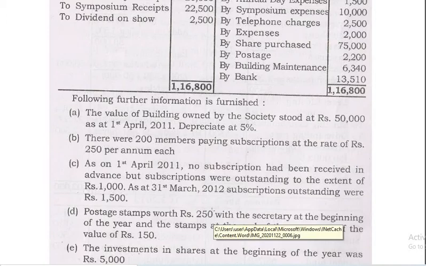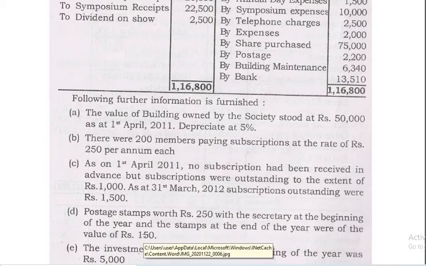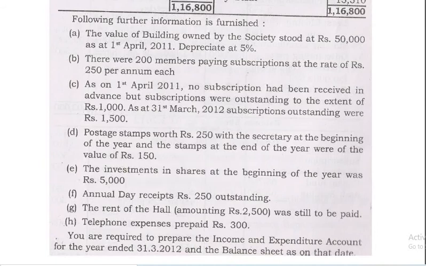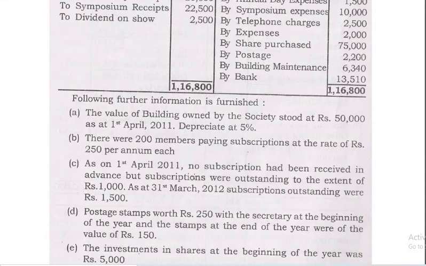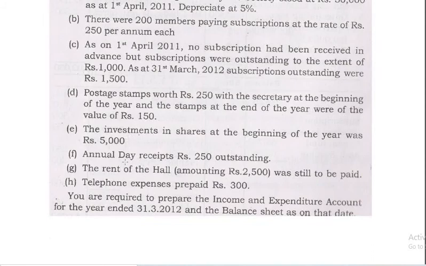So 250 at the beginning, add 2,200, minus closing stock 150. This 250 will appear in the opening balance sheet, asset side. The 150 will come to the closing balance sheet, asset side. The investments in shares at the beginning of the year were 5,000. So this will come to the opening balance sheet, and if there are no additions to the investment, that also will come to the closing balance sheet.